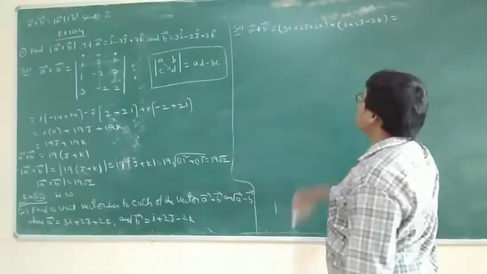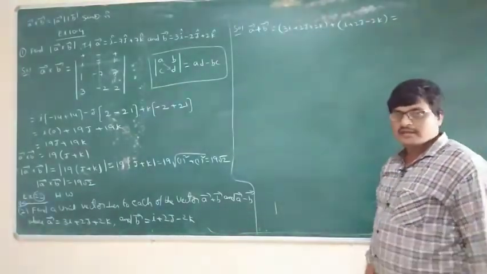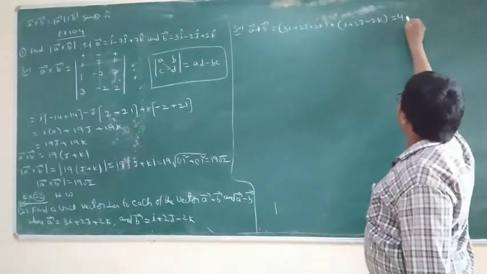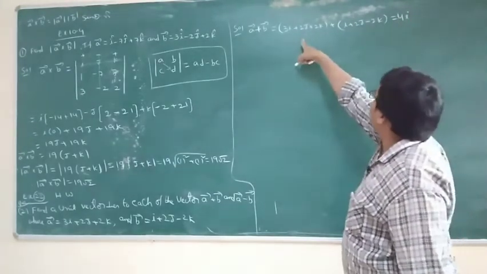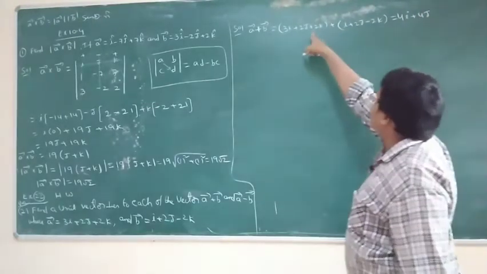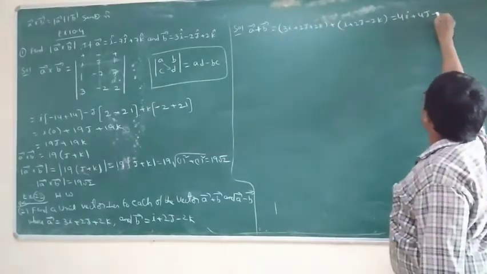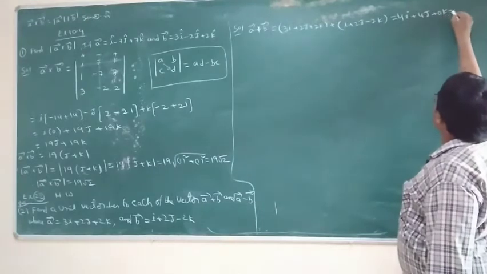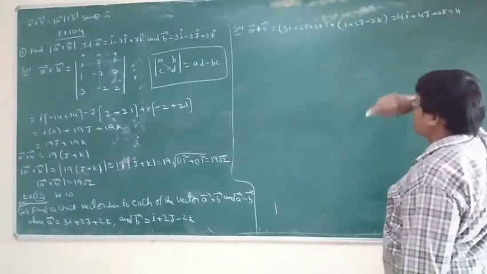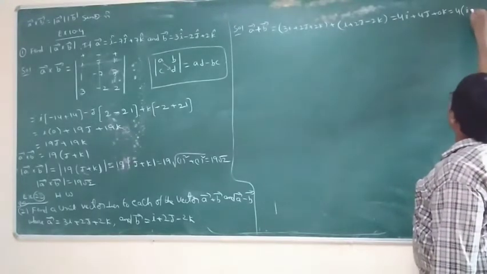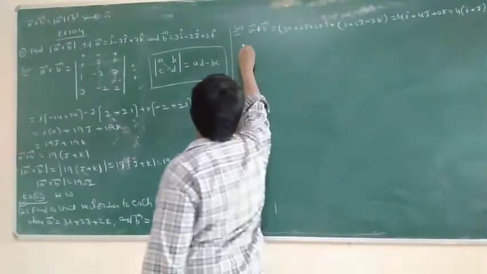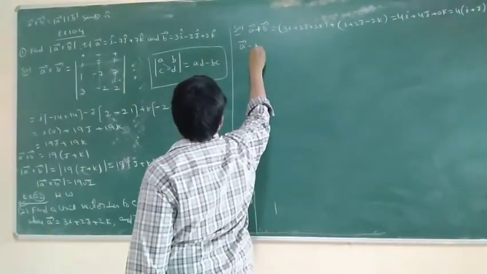Adding the two vectors: 3i plus i is 4i, 2j plus 2j is 4j, 2k minus 2k is 0k. So that is equal to 4, common, i plus j.